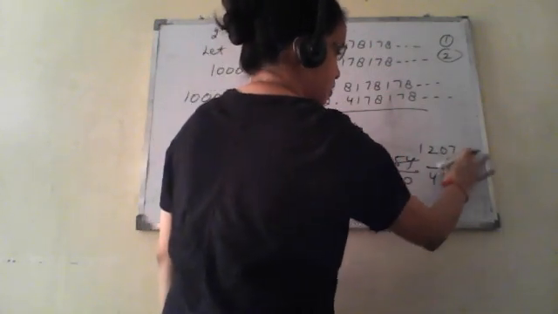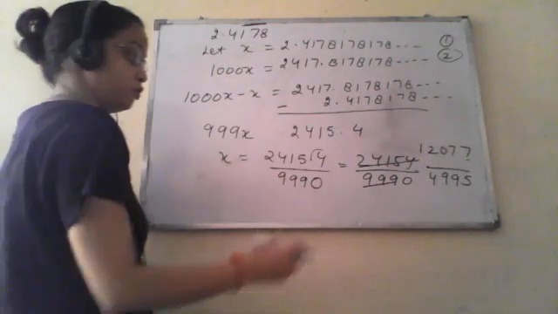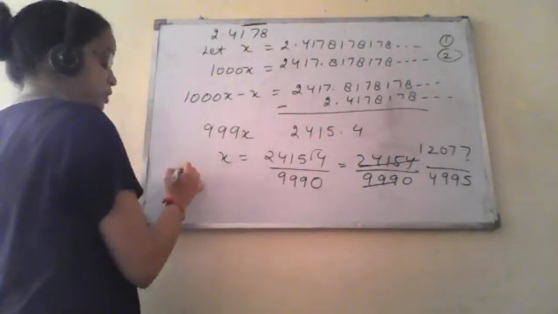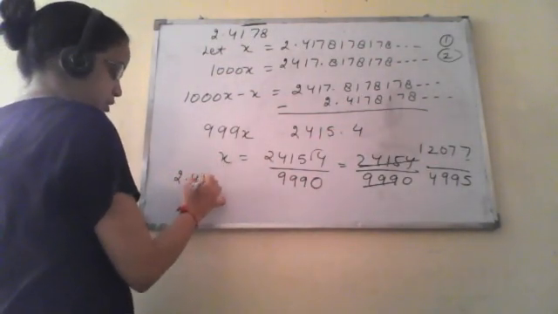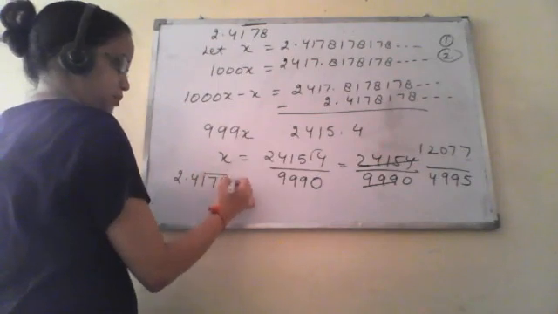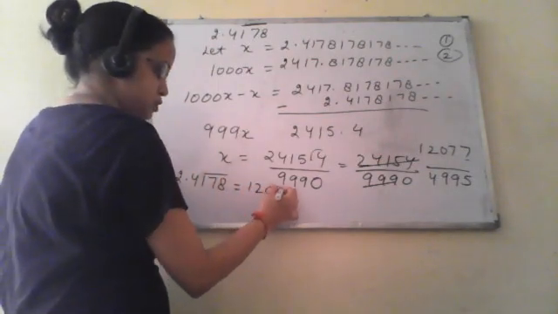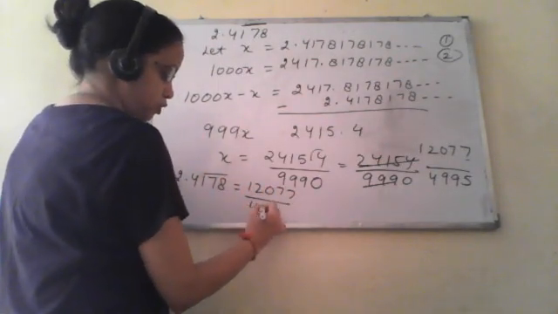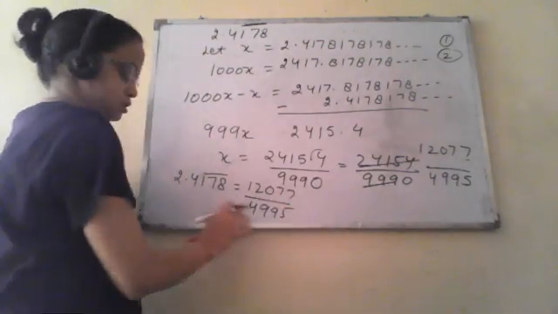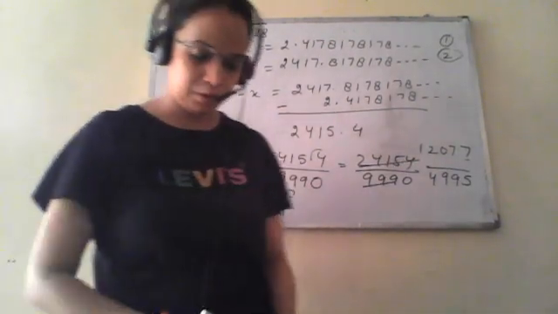So what was this equal to? x, and therefore 2.4178 bar can be represented as 12077 upon 4995. So this is the form of p upon q.